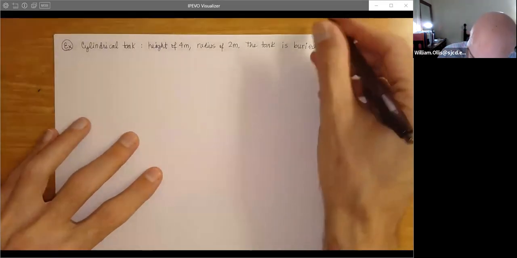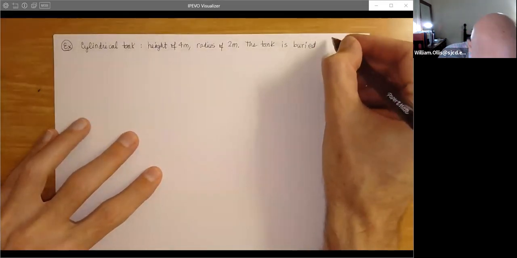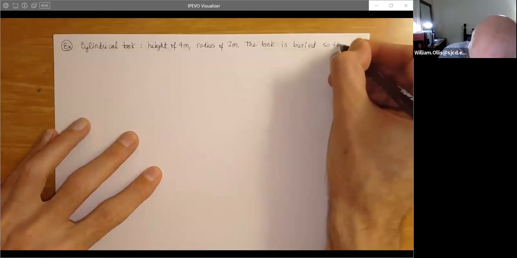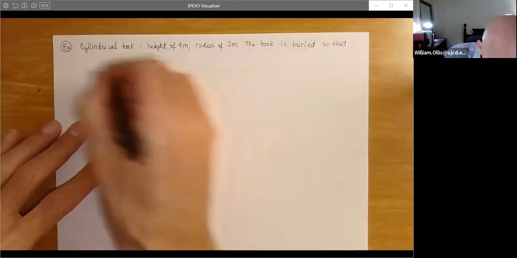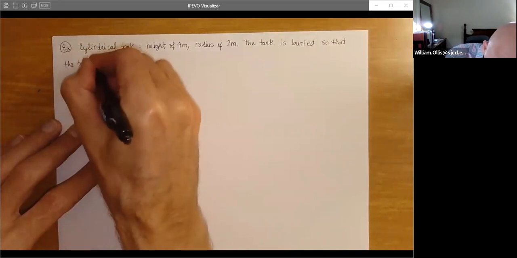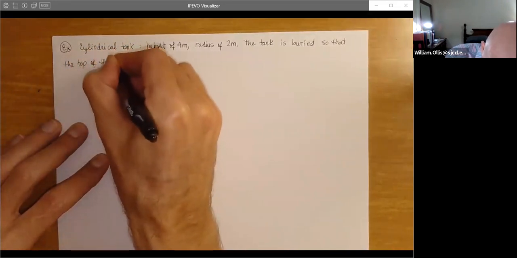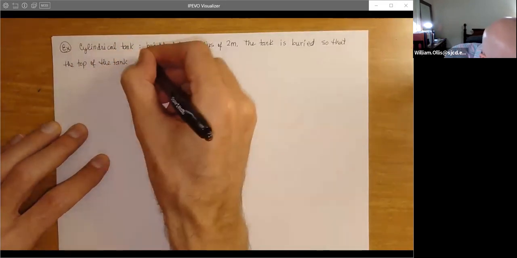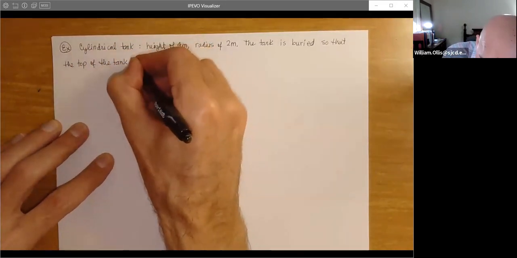The tank is buried so that the top of the tank is 1 meter below ground level.